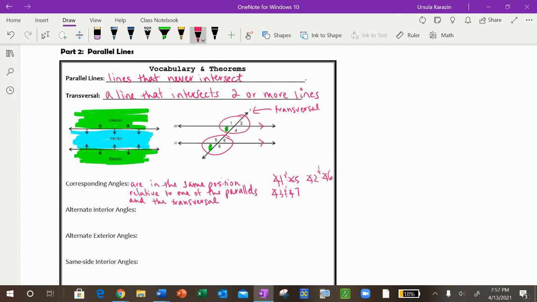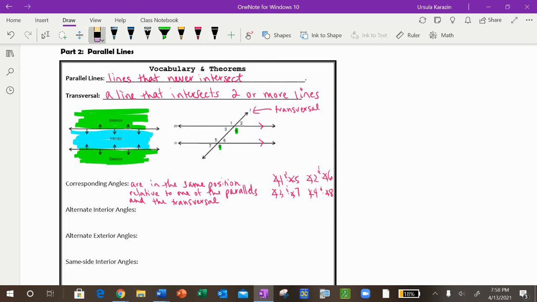Those are little and signs in between there, guys. It's like this for an and sign in between the angle numbers. Alrighty, and then we have one last pair. Angle 4 is in the bottom right, and angle 8 is in the bottom right. Okay, so those are corresponding angles.